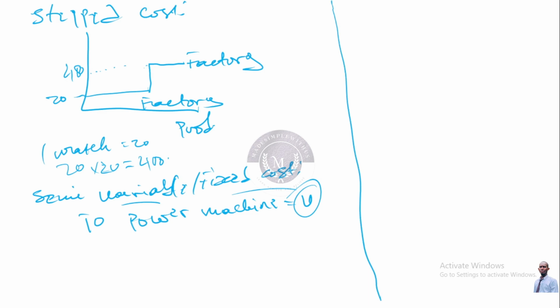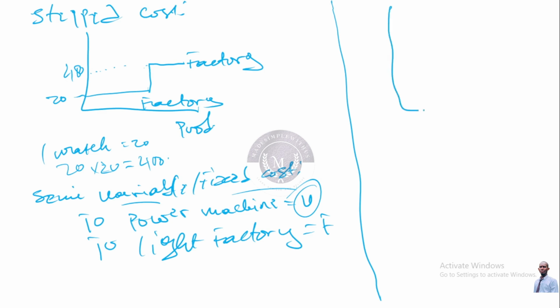Now, to light the factory, it's fixed because every working hour we need to light up the machine. So it's a fixed cost. It doesn't change. So let's see the diagram. Let's understand it. This is the production, and we are producing 400, right?